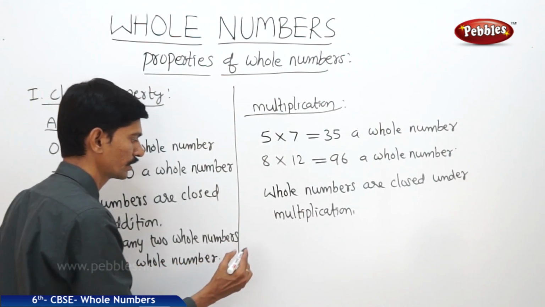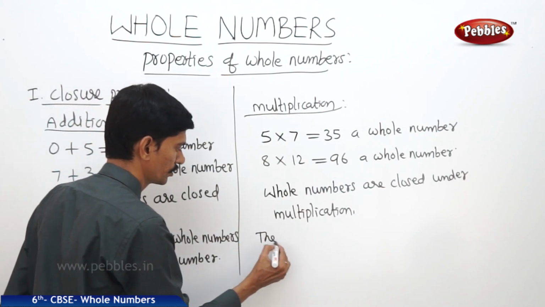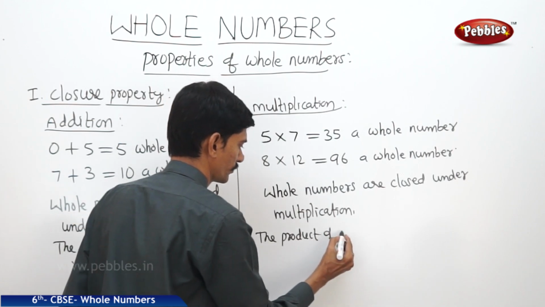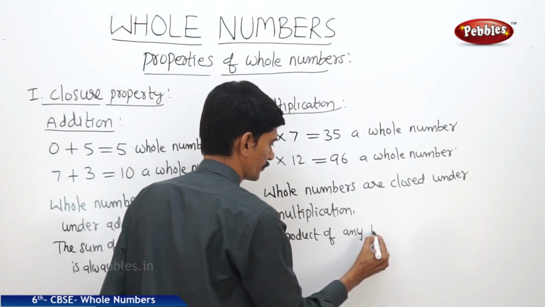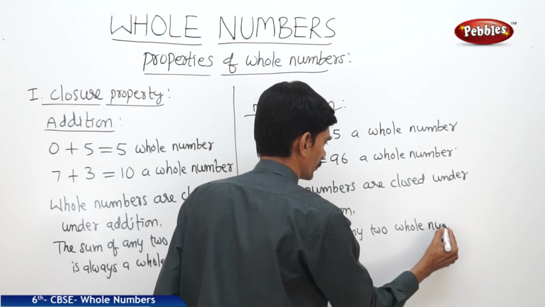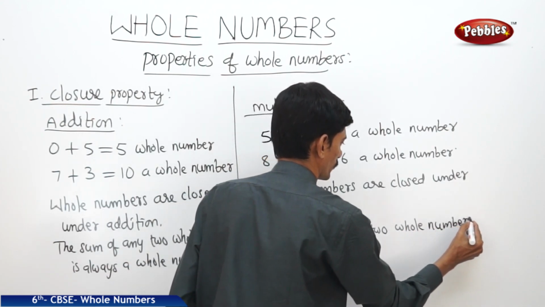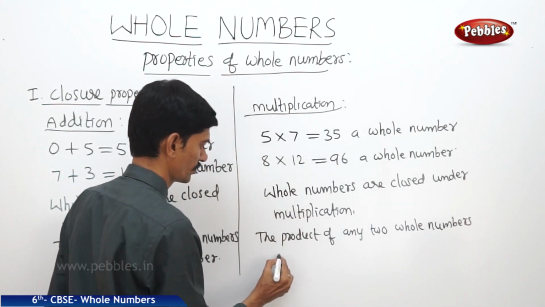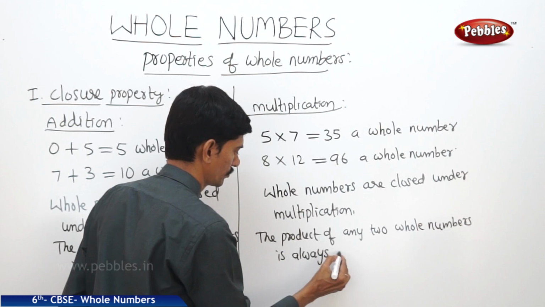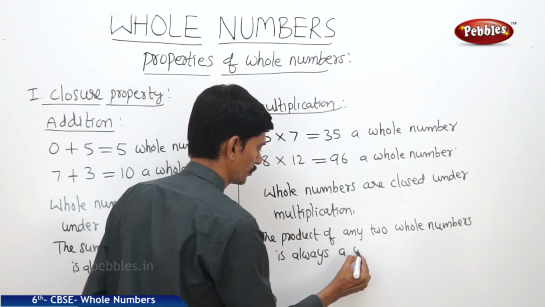In the second case, the product of any two whole numbers is always a whole number.